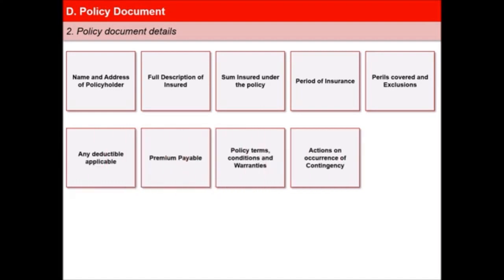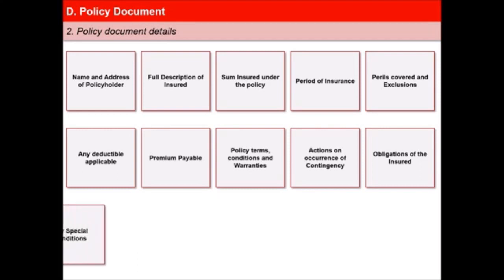Action to be taken by the insured upon occurrence of a contingency likely to give rise to a claim under the policy. The obligations of the insured in relation to the subject matter of insurance upon occurrence of an event giving rise to a claim, and the rights of the insurer in the circumstances. Any special conditions.